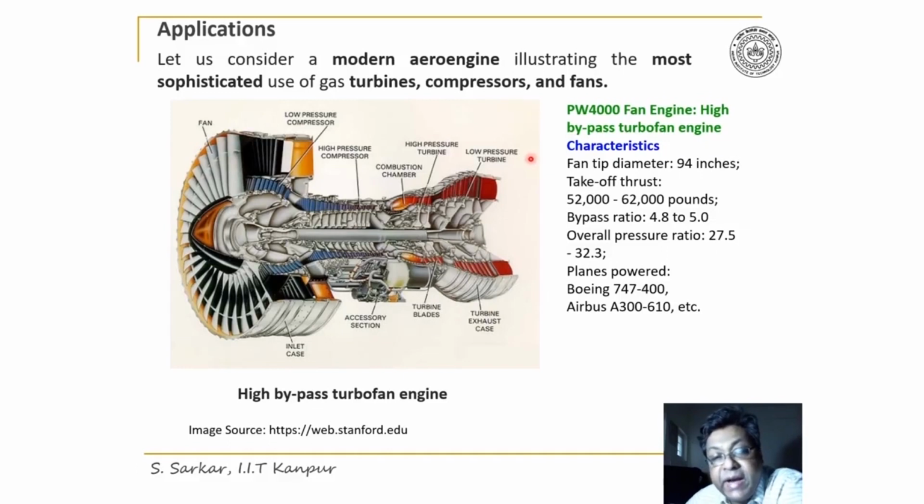It is characterized by a fan diameter of 94 inches, thrust of 52,000 to 62,000 pounds, bypass ratio of 4.8 to 5, and overall pressure ratio of 27.5 to 32.3.